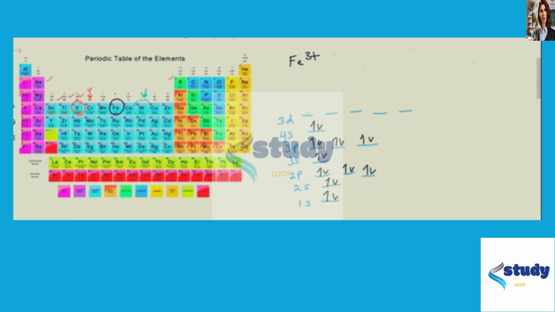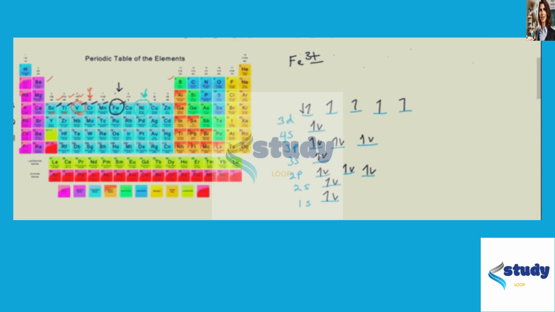And when we reach the 3d subshell, notice that iron is going to have, let me count them this way, 2, 3, 4, 5, 6 electrons that occupy the 3d subshell. So we place the first 5 in their own separate orbitals, and then we have to pair up one of the orbitals in the 3d subshell.